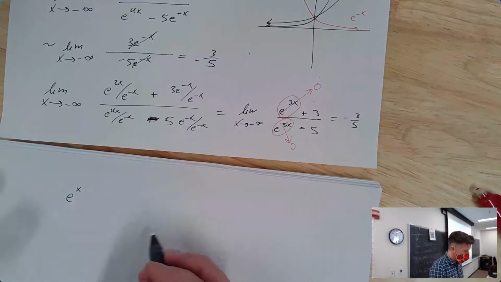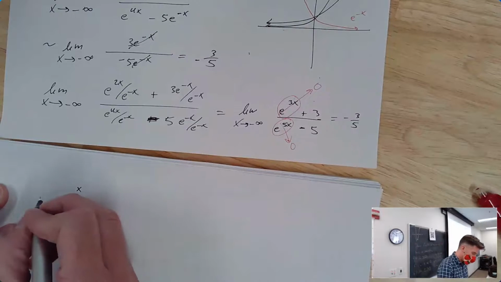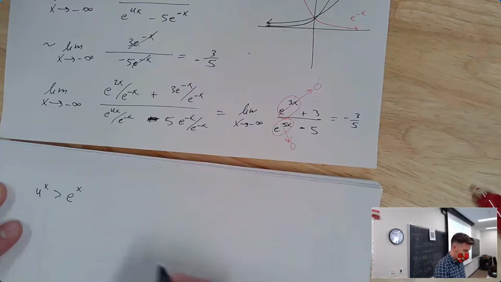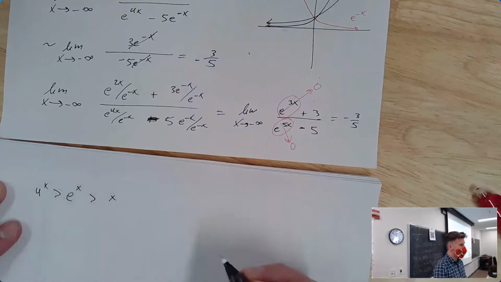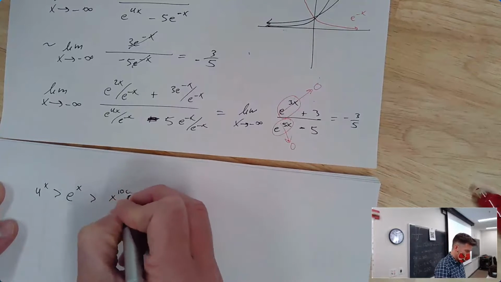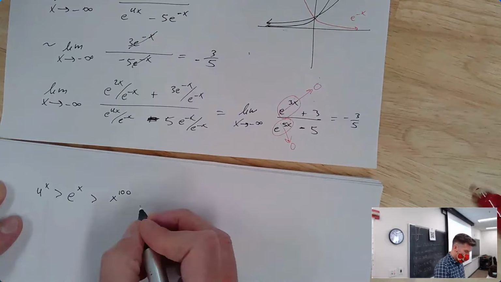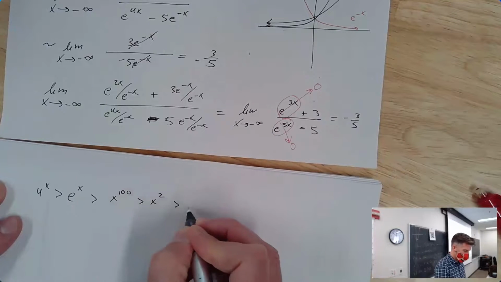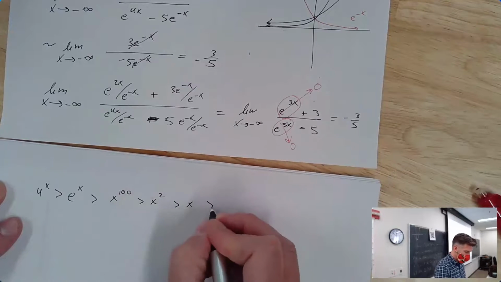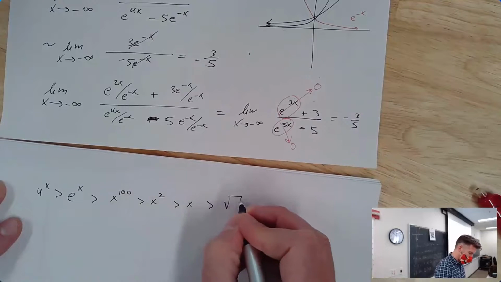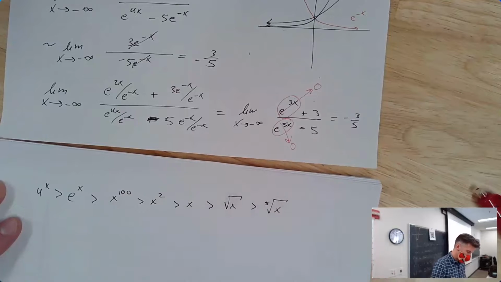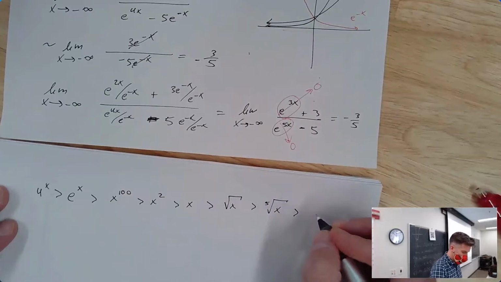Really, a higher base would grow faster, so 4 to the x would dominate e to the x. E to the x would dominate x to any power. And that would dominate x to a smaller power, and that would dominate x to the first. And that would dominate the square root of x, and that would dominate the 5th root. And then way on down the line is the natural log of x.